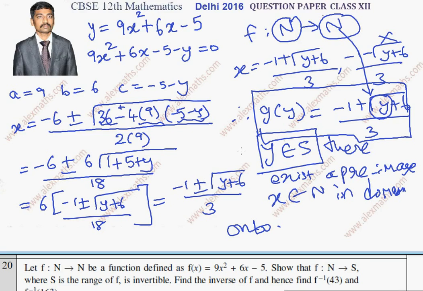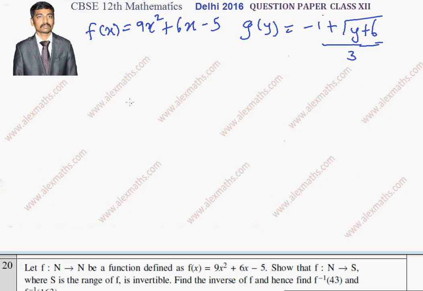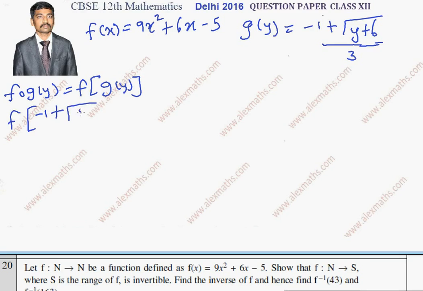I will also tell you the other procedure by doing a composite function f dot g and g dot f. So for that I have to do f dot g and g dot f. So I'll copy the function. We are going to do f dot g of y first. It means f of g of y. So I'll copy the g of y, which is inside the function f, minus 1 plus root y plus 6 by 3.